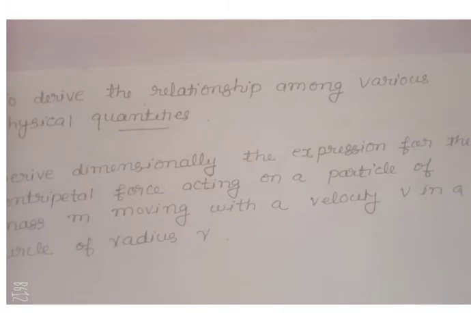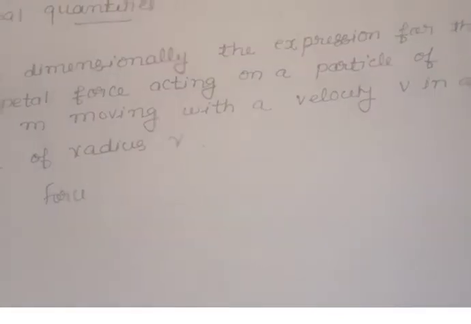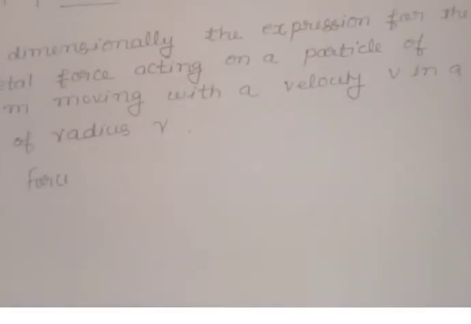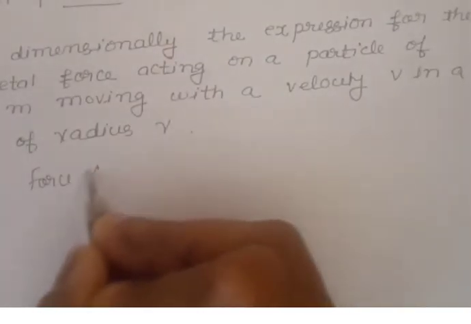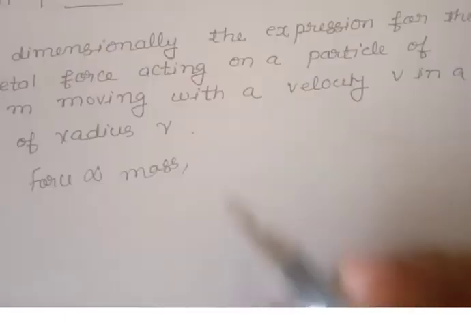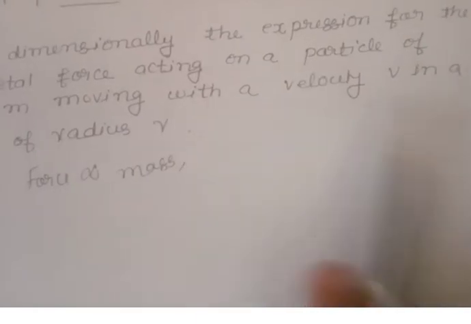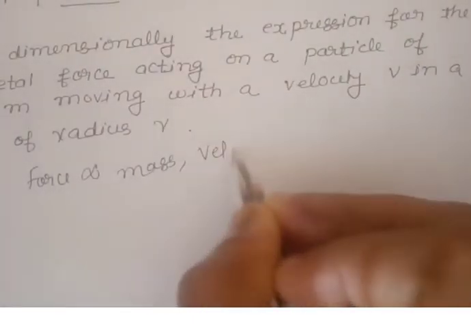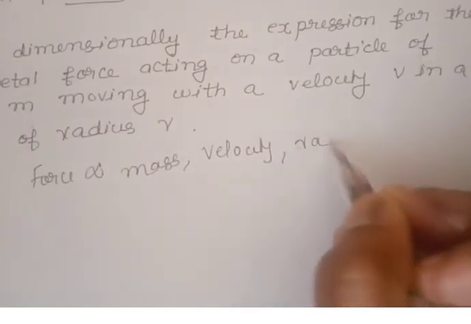Here the force F depends upon which terms are given in the question. The force F depends upon mass, so the first term is mass, then velocity v, and the last one is radius r.